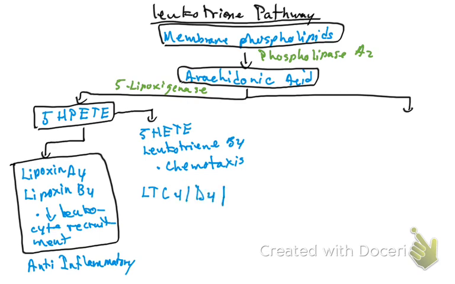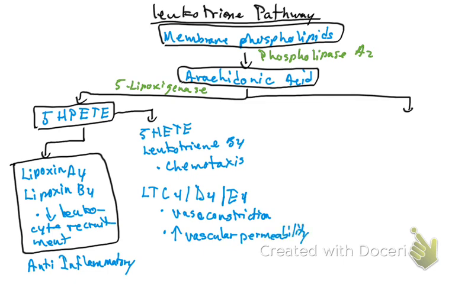All those cause three things: vasoconstriction, increased vascular permeability, and bronchospasm. This is responsible for asthma.